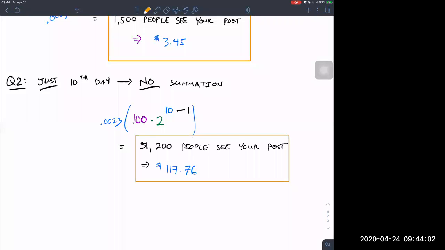Research is now suggesting that for each person seeing the post, it reaches 4 new people the next day. So 100 people see the post.